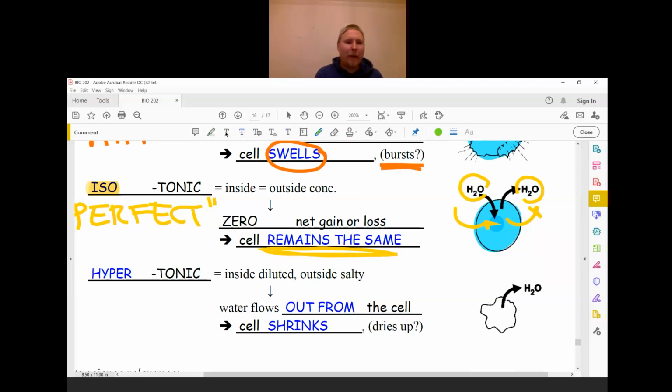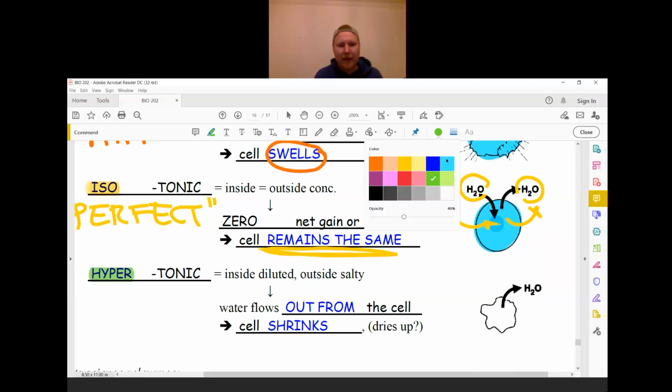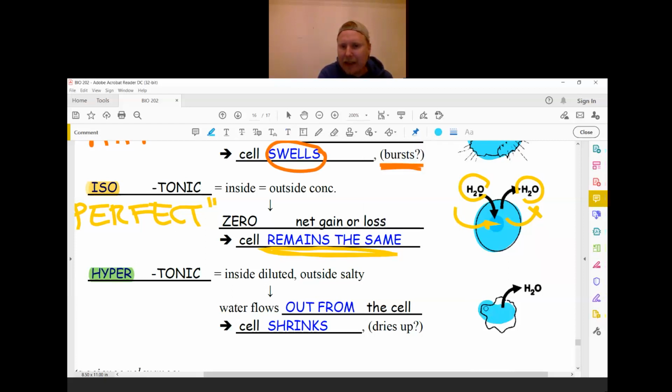Let's have a look at what's going on in hypertonicity. In hypertonic cells, the inside of the cell is very diluted, whereas the outside of the cell is more salty in comparison to the inside. As a result of this, water is leaving the cell and flowing to the outside. So the cell will end up shrinking and it might eventually even end up drying up.